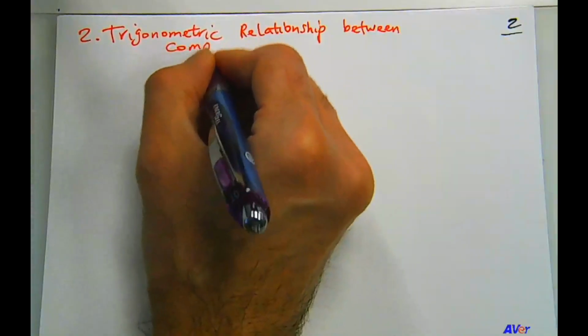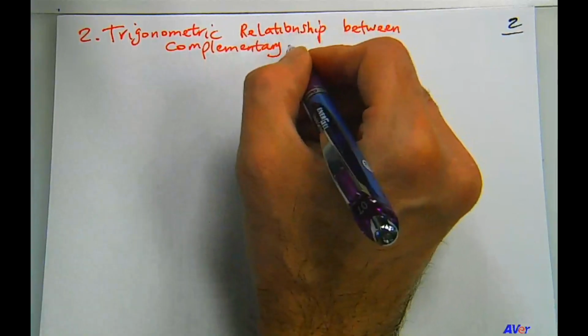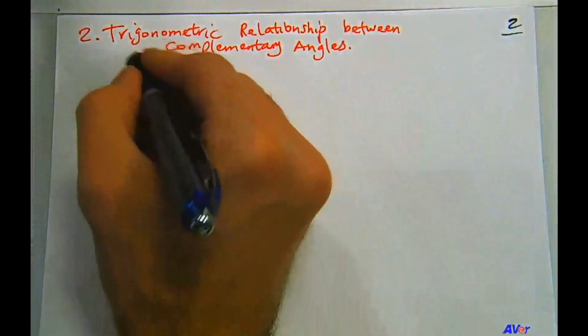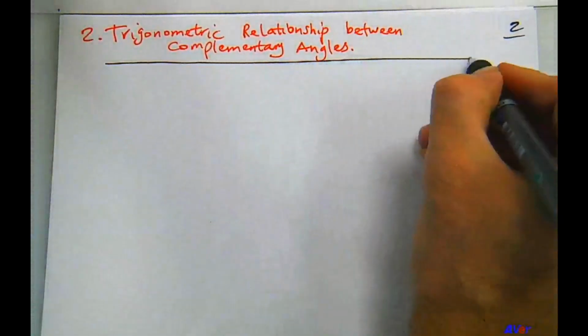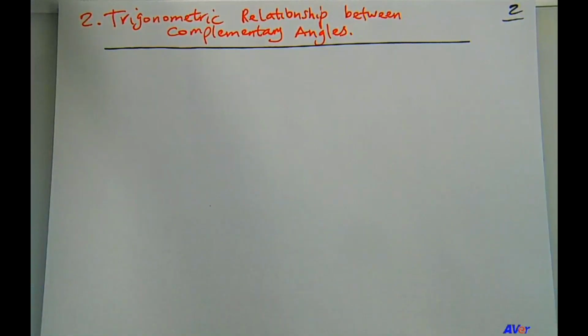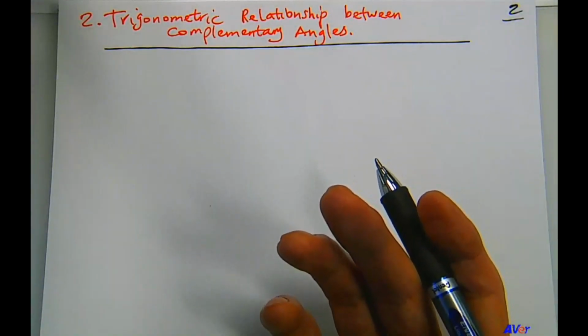Trigonometric relationships between complementary angles, like that. So to explore this relationship, we've been working with right triangles quite a bit so far, right?